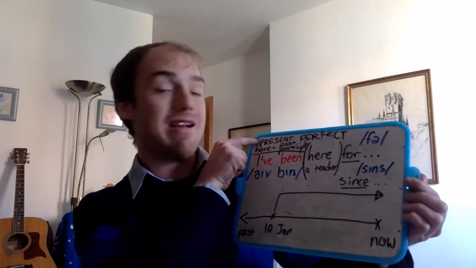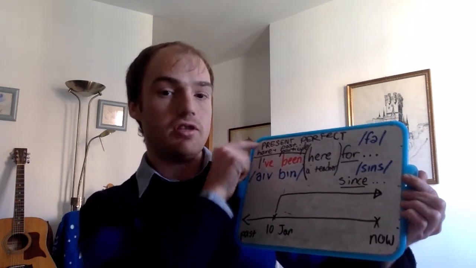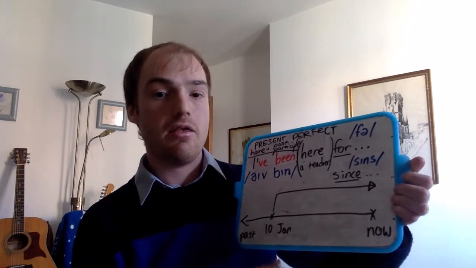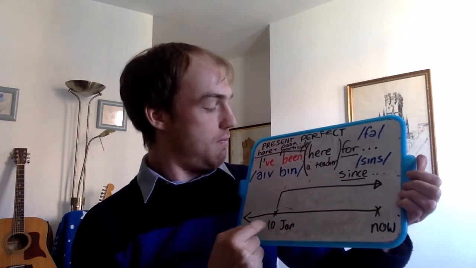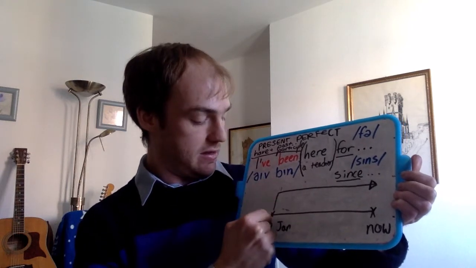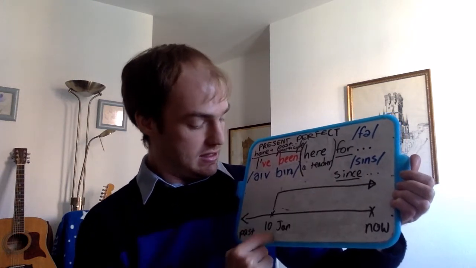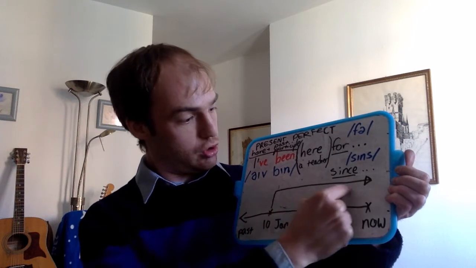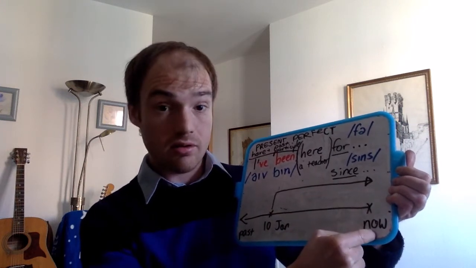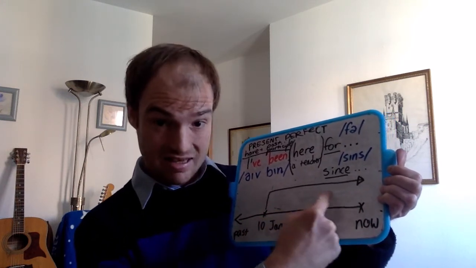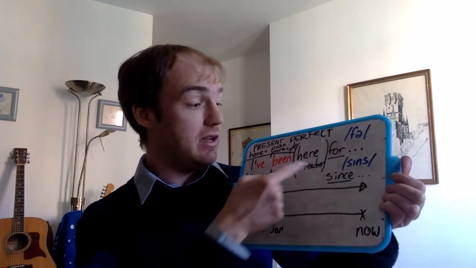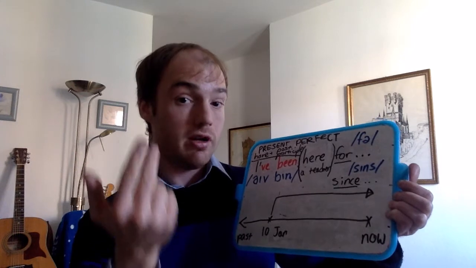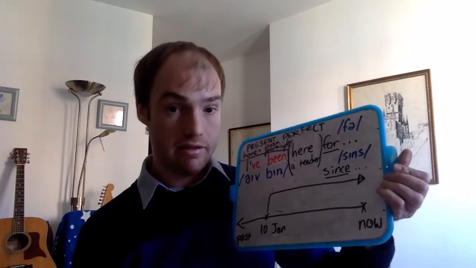So this is the present perfect when we want to link the past and the present. So for example, I've been here since the 10th of January. I'm here now. I've been here since the 10th of January. Or we can say I've been here for 2, 3, 4, 5, 6 days. Okay?